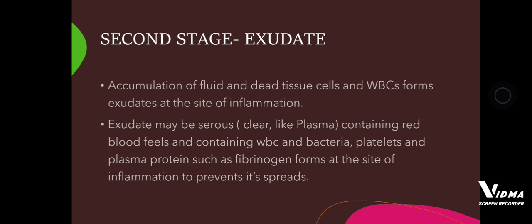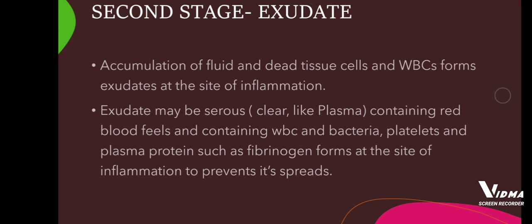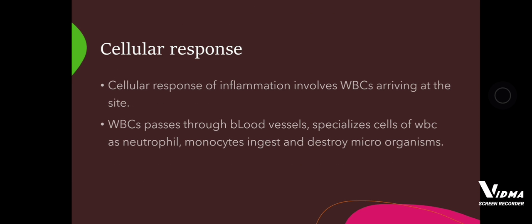Accumulation of fluid, the exudate stage, we will learn now. Accumulation of fluid, dead tissue cells and WBC forms exudate at the site of inflammation. As we have seen in the cellular response, WBC passes, and neutrophils and monocytes ingest and destroy the microorganism. Now the microorganism is destroyed.